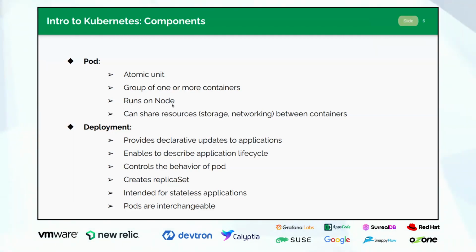So the pods actually have multiple containers or one container that runs in the node's Docker environment. Also, the containers in the pods can share resources like storage and networking, etc. Suppose you have two containers. One container generates a certificate, and you need the certificate in another container.